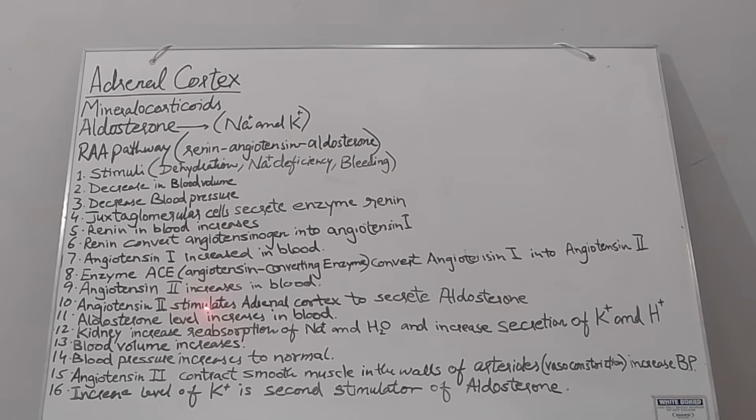Angiotensin 2 stimulates the adrenal cortex to secrete aldosterone, and as a result the aldosterone level increases in the blood. Because of this, the kidney increases reabsorption of sodium, because in the stimulus one was the deficiency of sodium.